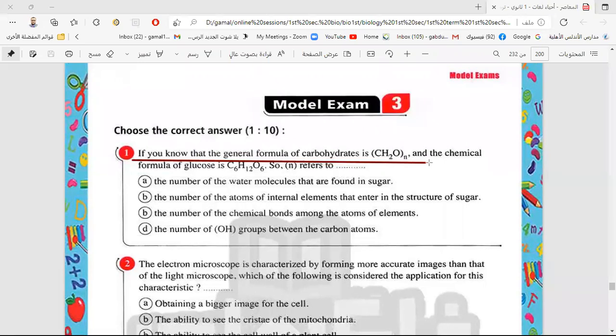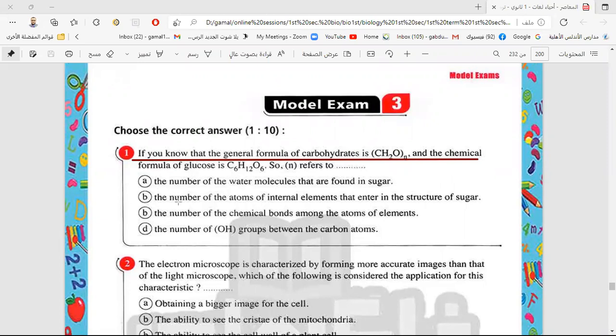If you know that the general formula of carbohydrates is CH2O by N, and the chemical formula of glucose is C6H12O6, what does this N refer to? A, the number of the water molecules that are found in sugar.